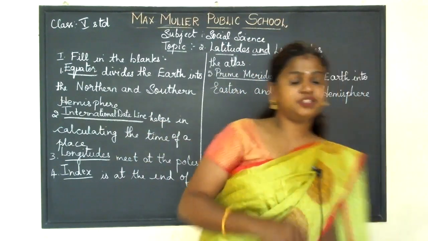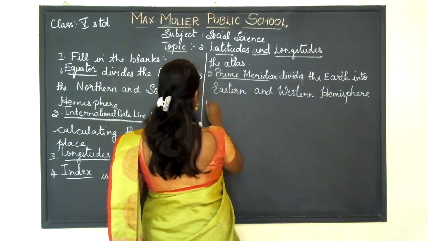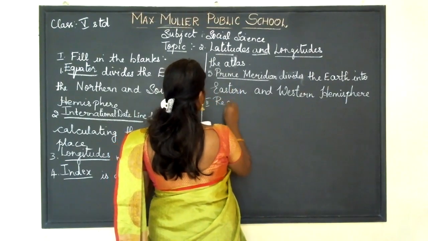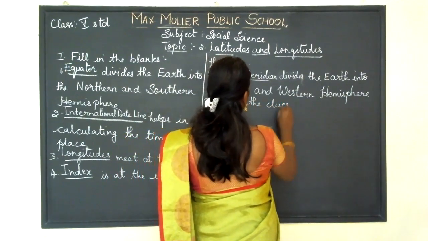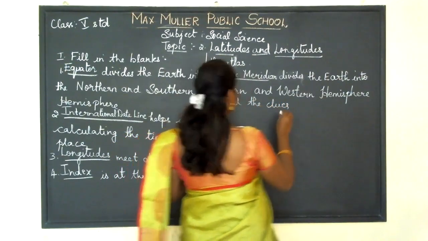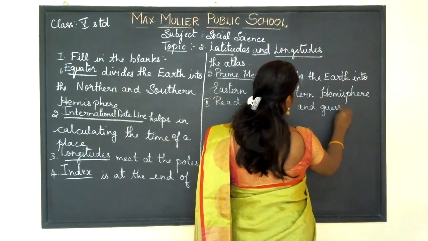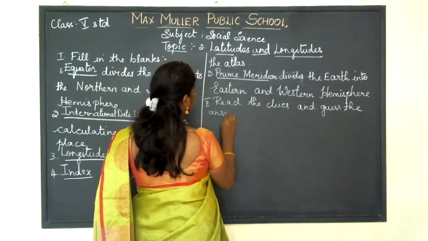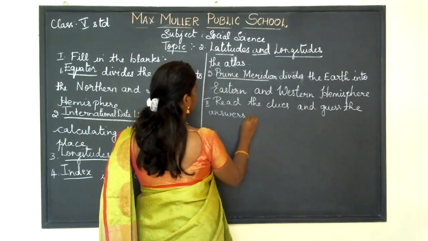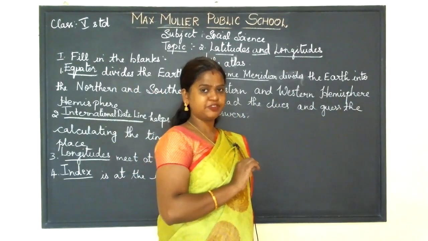So the second one is: read the clues and guess the answers. There will be some clues given over here.